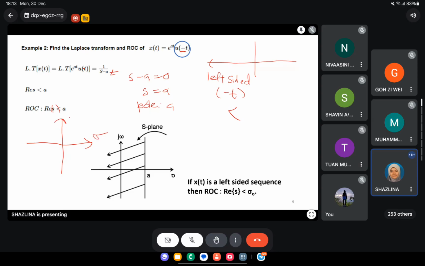This is sigma, this is J omega. So the pole here is A, it's a positive value. So it could be anywhere on the right side. Let's say A is here. So you draw a line at A. Now the ROC is smaller than A, it has to be on the left side. So this is your ROC, which is real S smaller than A, because it's left-sided.